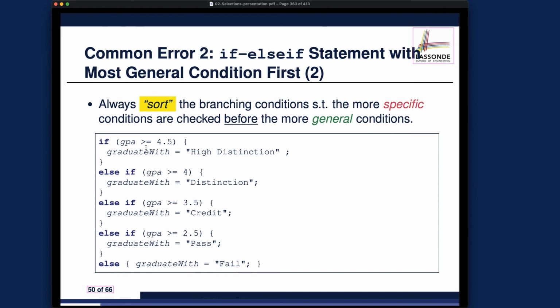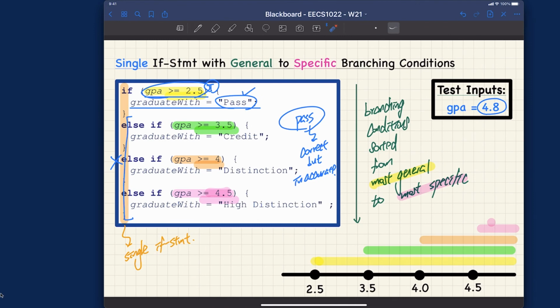The fixed version is like this: this is the most specific one. Remember, larger than or equal to 4.5 is the most specific one over here. Then go with orange, larger than or equal to 4.0. You can try different values over here. If you try 4.6, it will satisfy the most accurate possible.